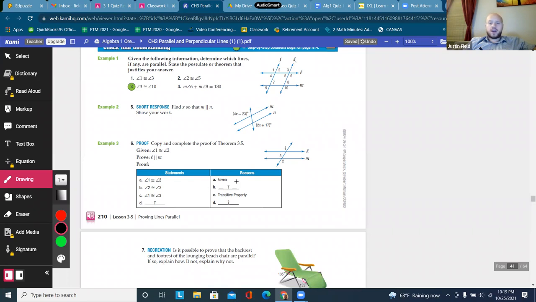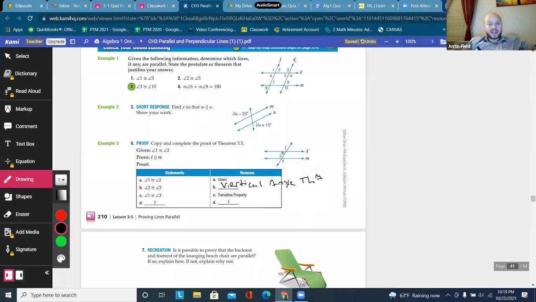Do you know why? Because they're vertical angles. So that is the vertical angle theorem. 1 is congruent to 3 because of the transitive property. Do you remember the transitive property? 1 is congruent to 2, 2 is congruent to 3, so 1 is congruent to 3.